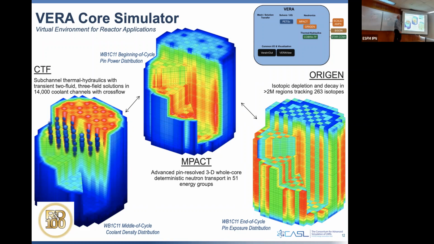So in that, the CTF, Cobra-TF, was modeling every single individual channel. It was modeling 2 fluids, the vapor and the liquid, and 3 fields. So it said there's liquid, there's vapor, and then there is liquid film surrounding the rod. And we're going to model 14,000 coolant channels. This is only a quarter of a reactor.